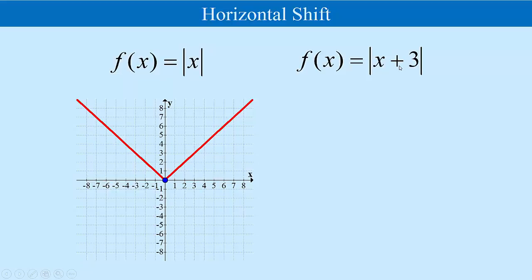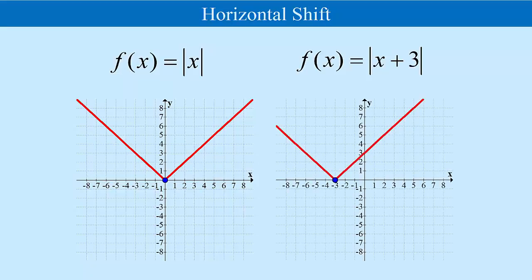So we are substituting an x plus 3 in place of the x. The graph of f of x equals absolute value of x plus 3 is still the same V shape as the original, but it is shifted to the left 3 units. Now again, you can type this on your calculator and see that that's what the graph looks like.